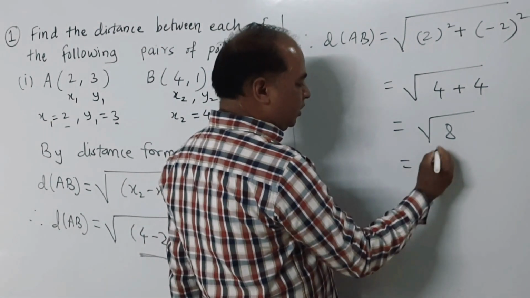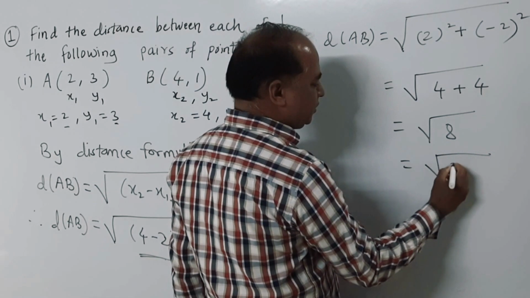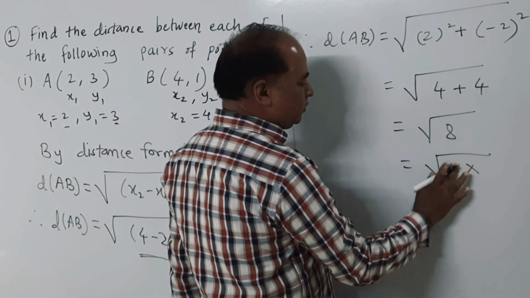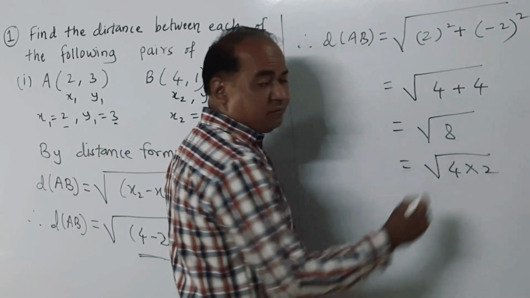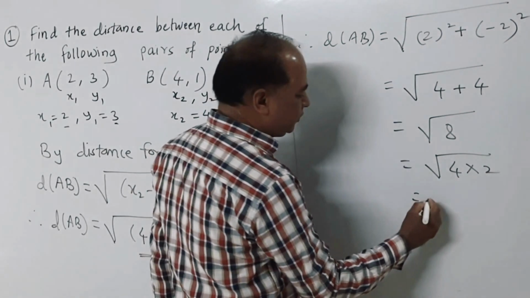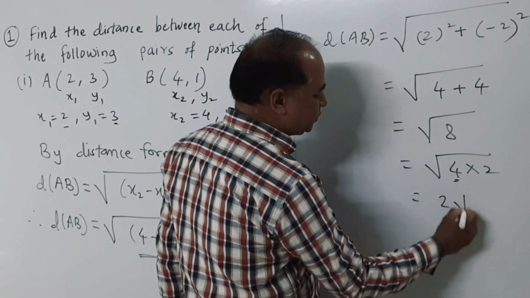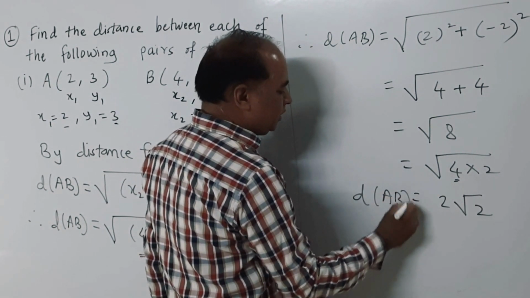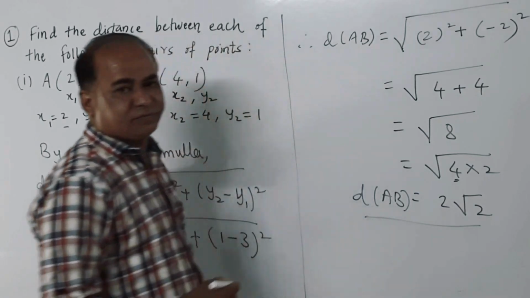Still we can convert this into the mixed form. So 8 can be written as 4 times 2, which is equal to square root of 4, that is 2, root 2. So distance AB is equal to 2 root 2.